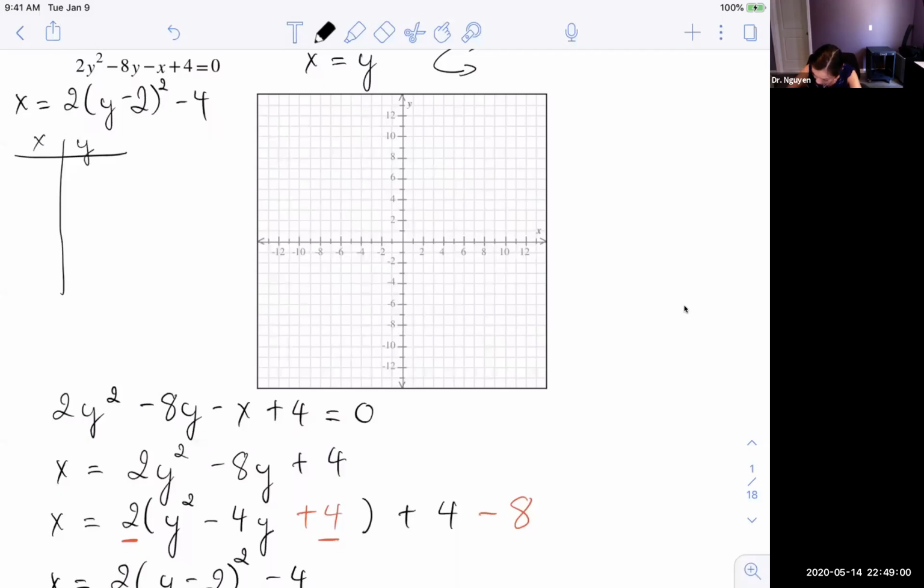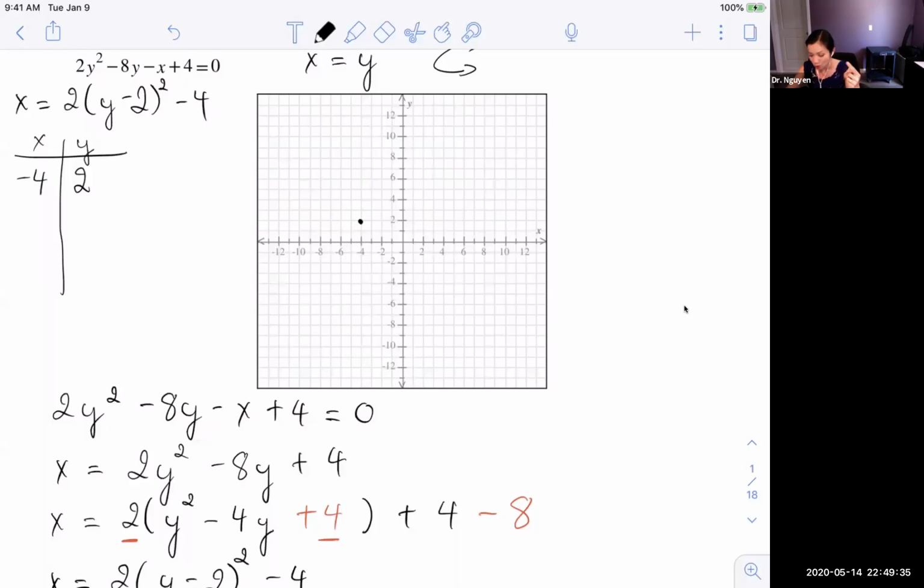So we have -4 and 2. Let's plot that. -4 and 2 is right here. Now we know that the graph is going to open to the right. So I'm going to pick y's and then solve for x.